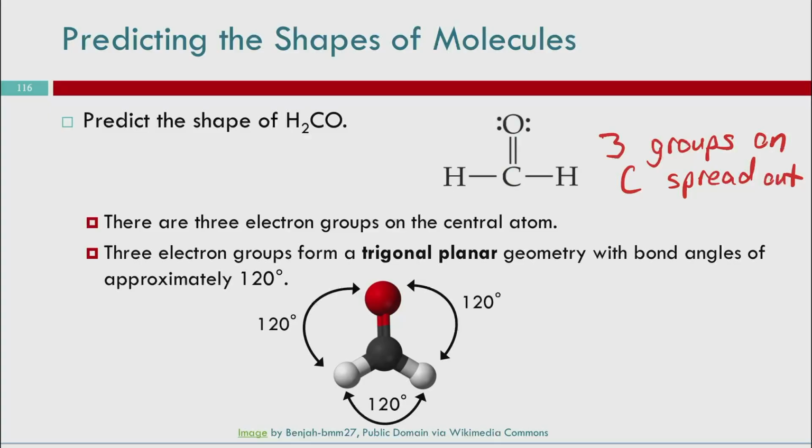And the most that they can get spread out is about 120 degrees from each other. And we call this trigonal planar. The tri of trigonal, like 3, and the gonal part, I believe, means points, or 3 parts. And planar, just meaning that it's flat.